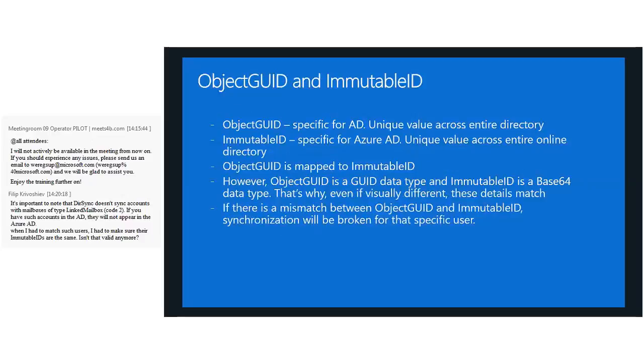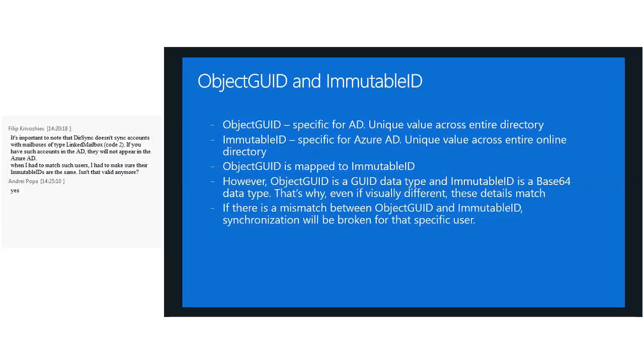And there is one more thing, and we will see this also in action: object GUID and immutable ID. These are very, very important. Object GUID is the attribute in your Active Directory that is unique for each identity. So each user, group, or contact would have a unique object GUID. When we do a synchronization, we need to make sure that there are no duplicates.